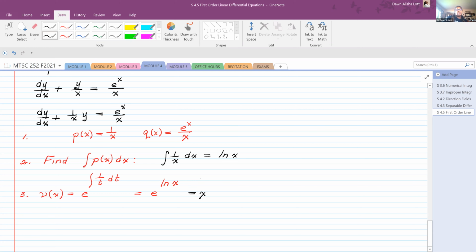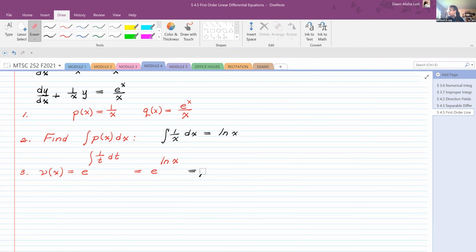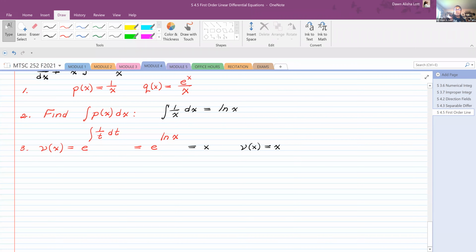Okay, so now I've done the hard part. The hard part is finding nu. So now I know nu of x is equal to x. The next thing I need to find is the integral of q of x times nu of x dx.